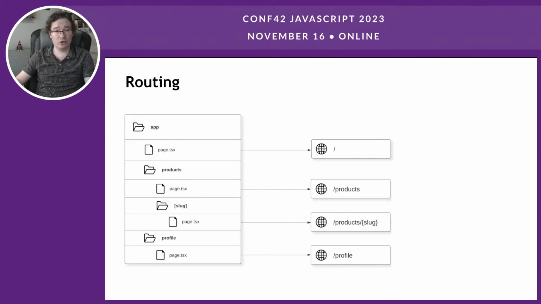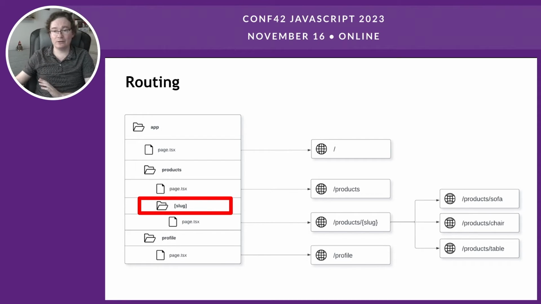We can also use some special notation to define dynamic route paths that are based on a path parameter. So as we can see here on the products, once that is compiled, you get nested routes with a path parameter.